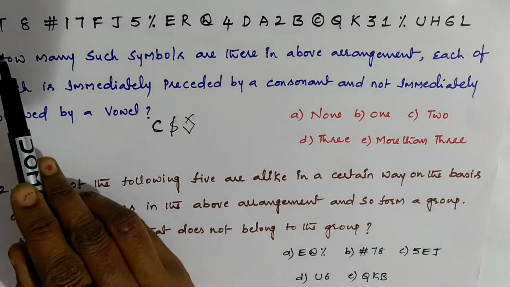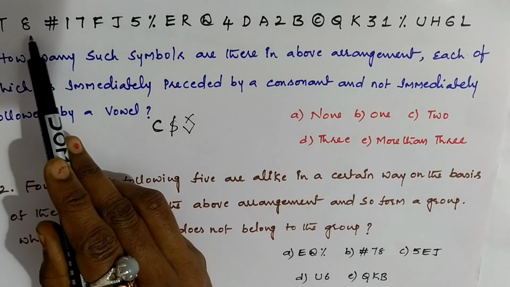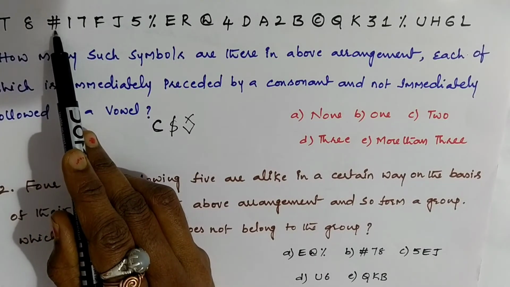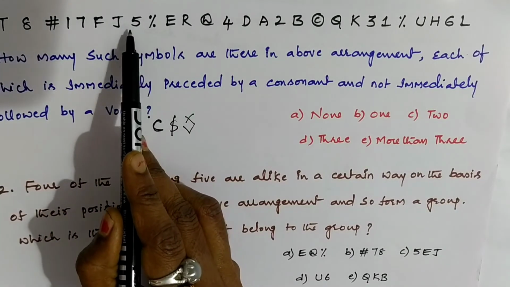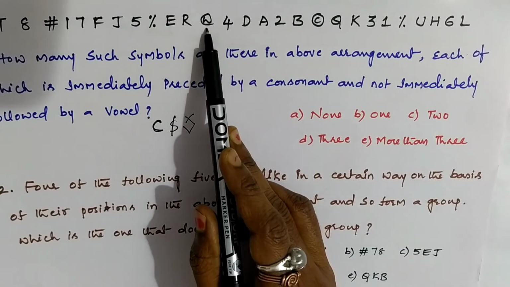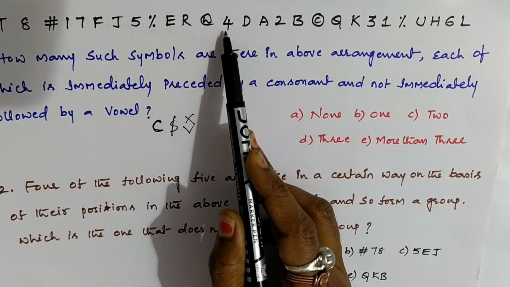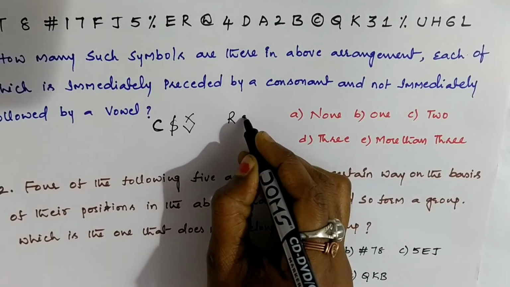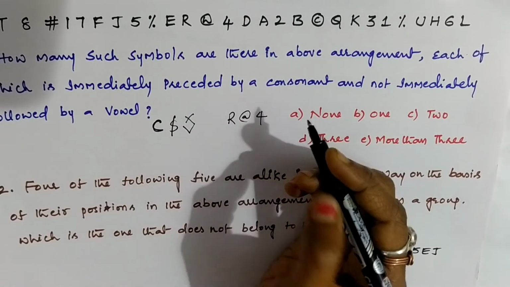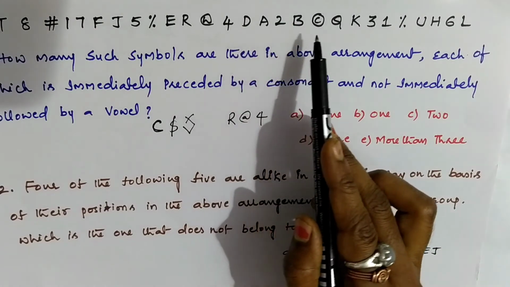Look at the series. Consonant, symbol. Here we have a symbol before a number. Symbol, consonant, number. Okay. This is one combination. R, 8, 4. Okay. Next, concentrate on symbol.